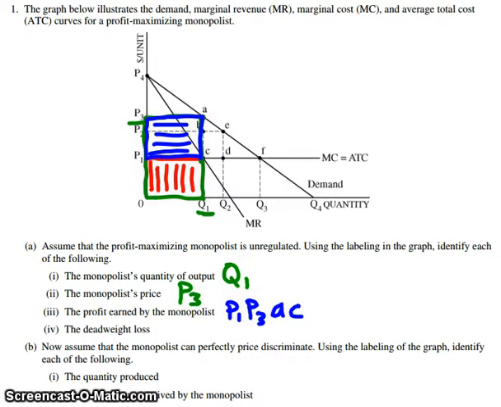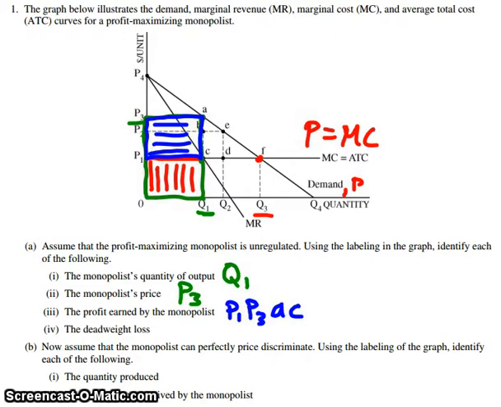To show the next part, the deadweight loss, we have to compare what quantity society would produce against what the monopolist has chosen to produce here at Q1. So society would choose to produce where price is equal to marginal cost, and remember the demand curve has price in it. So where do demand and marginal cost equal each other? Point F, and that's quantity Q3.